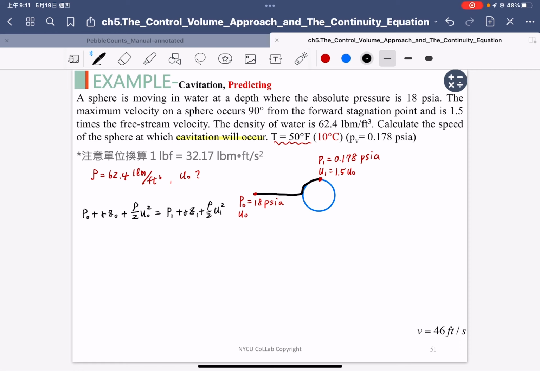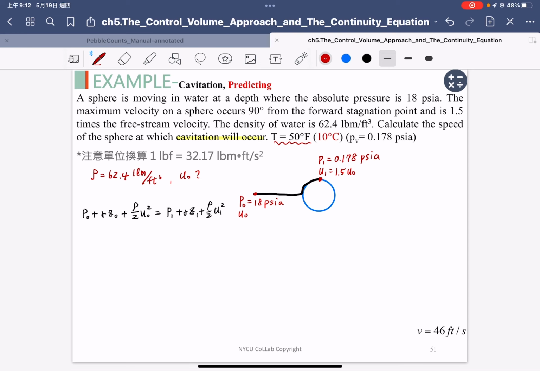For this question we assume the sphere is small enough that the elevation difference from Z0 to Z1 is quite small.